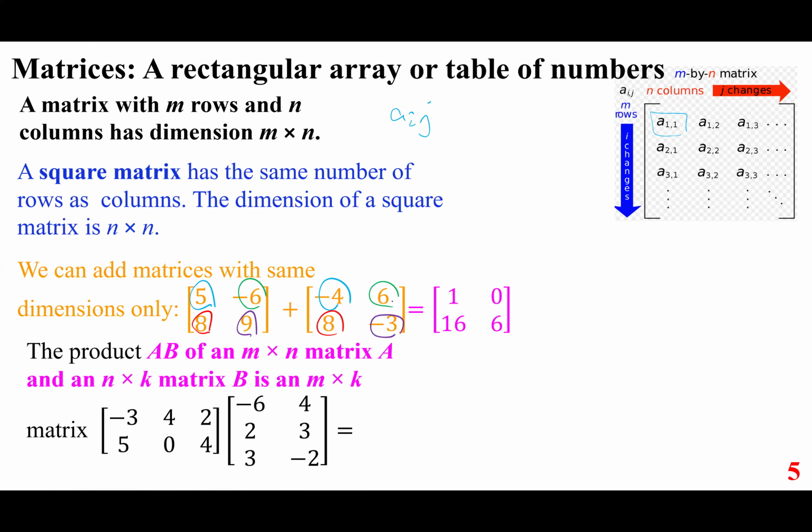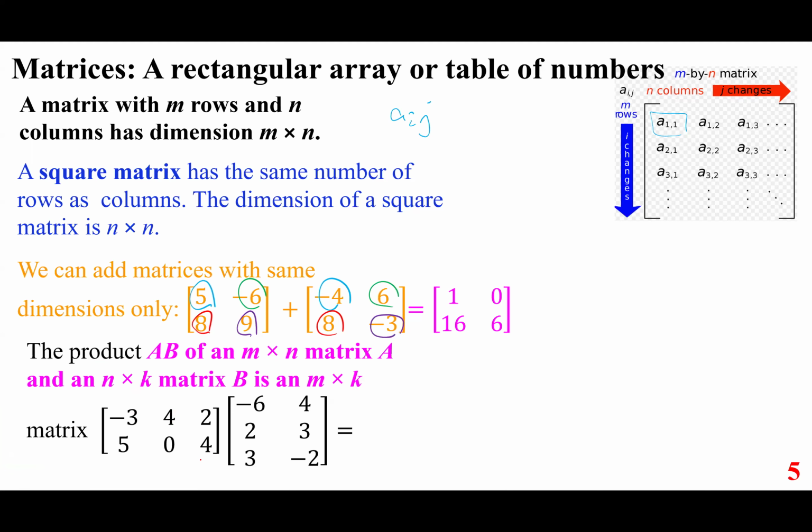Product is a different story. The product AB of an m by n matrix A and n by k matrix B is an m by k matrix. In other words, if you're multiplying two matrices, the first one's number of columns and the second one's number of rows must be identical or you can't. So the very first thing you do is write the dimension.